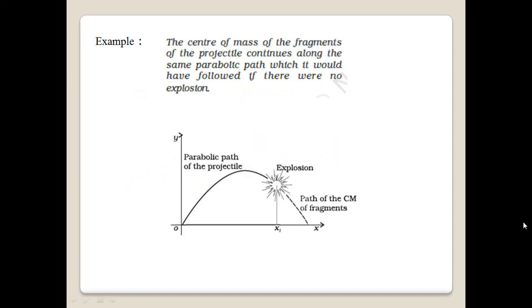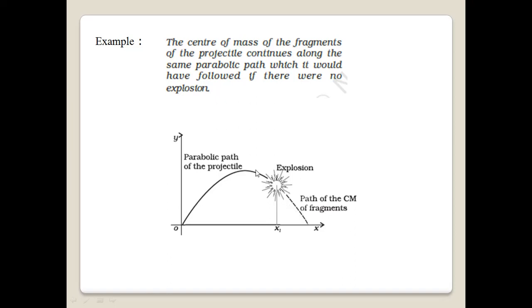Let us see the example of a projectile in parabolic motion. A projectile is projected along a parabolic path, and on its way it explodes. Now, when it explodes, the explosion is purely due to internal forces within the projectile. It has nothing to do with its projectile motion, the parabolic motion.